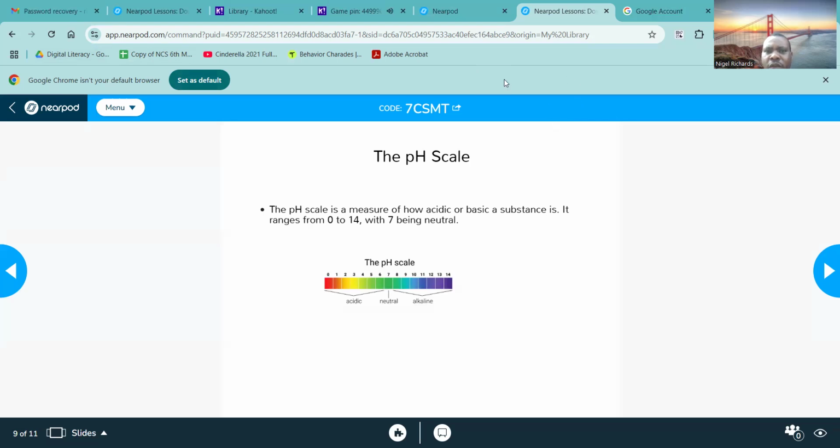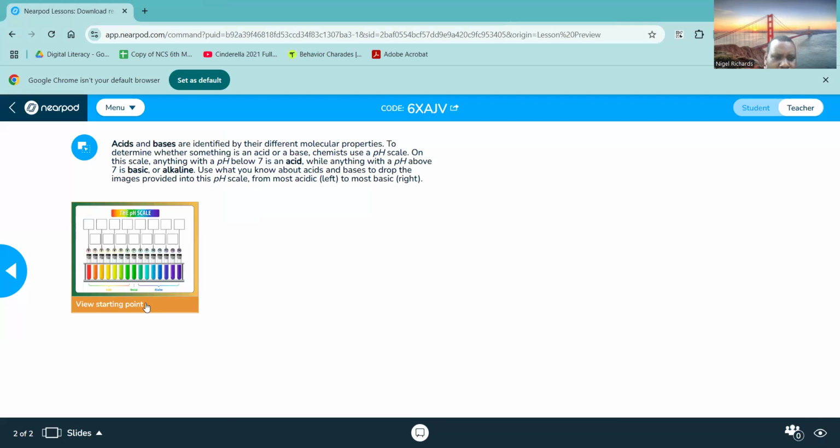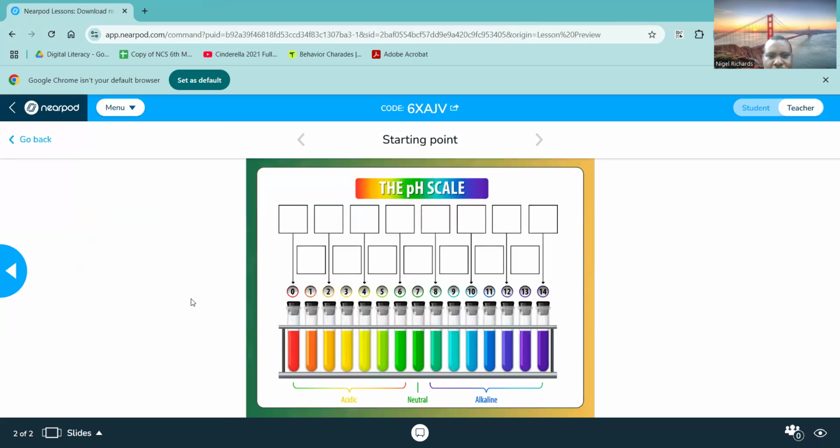Good. Let me get that so that we can see what you guys are doing. You're going to drag the substance and put it in the box where you think it should be. Wonderful.